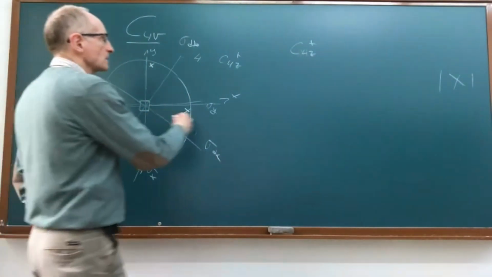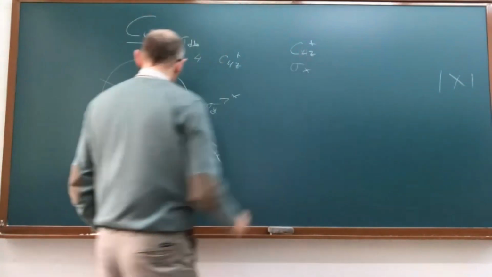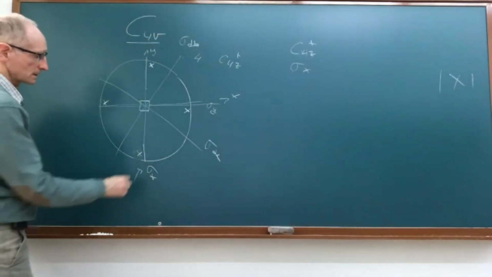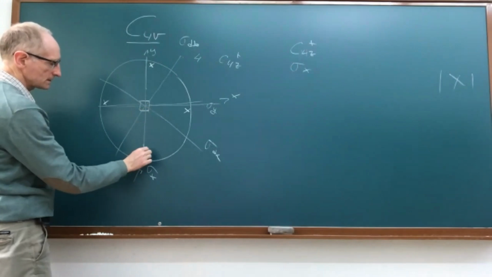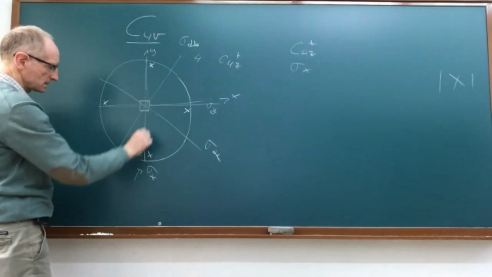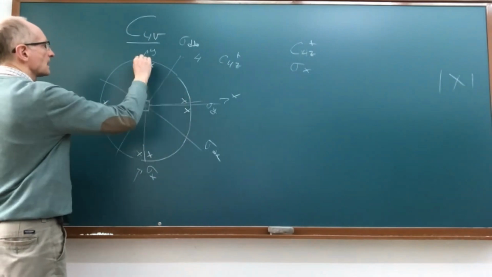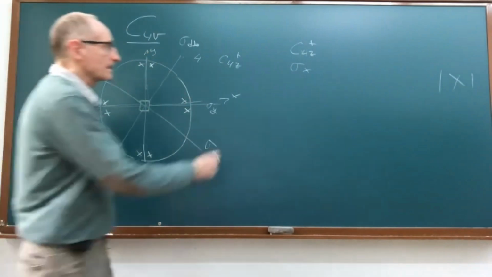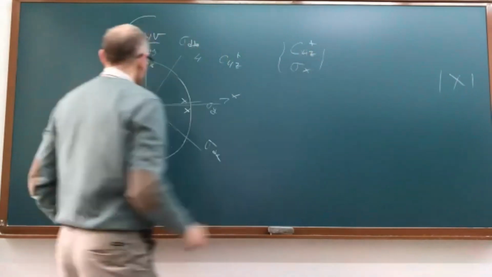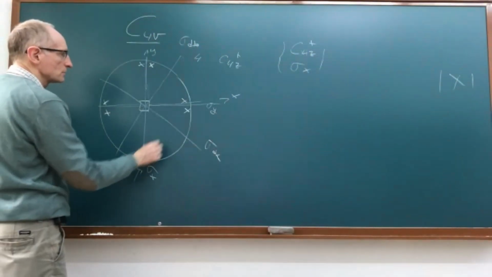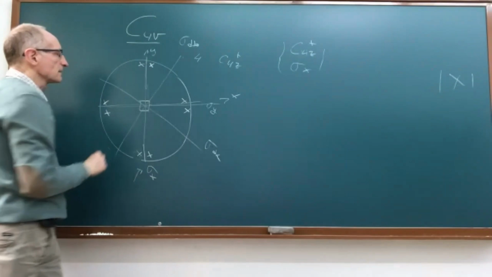Now I can act with sigma x on all of these results. Sigma x acting on this gives me this, so just mirror this, this, and this. By acting with these two elements, I have obtained 1, 2, 3, 4, 5, 6, 7, 8.